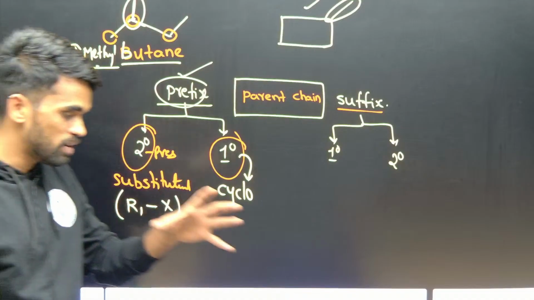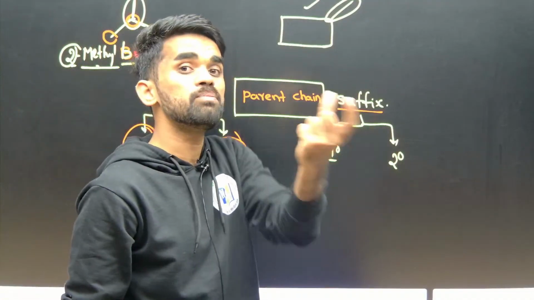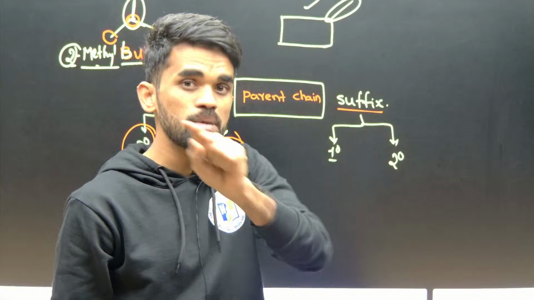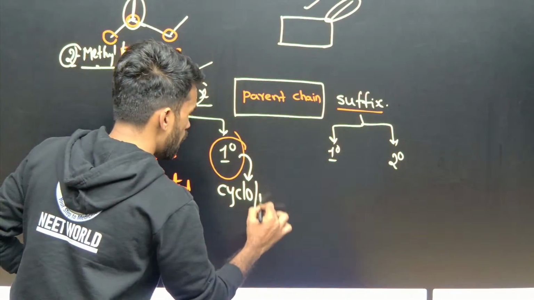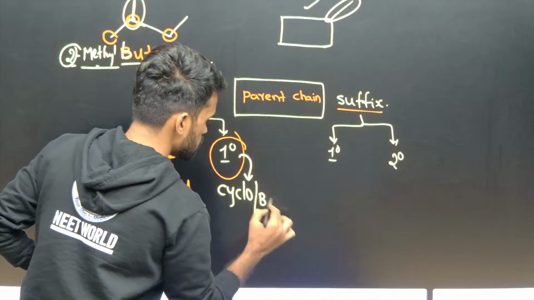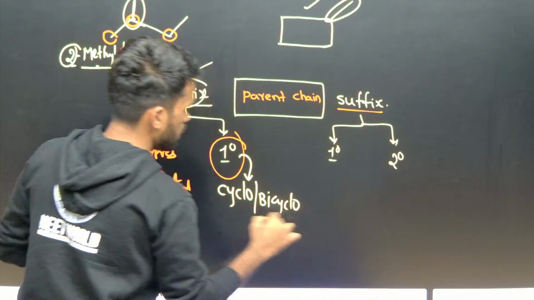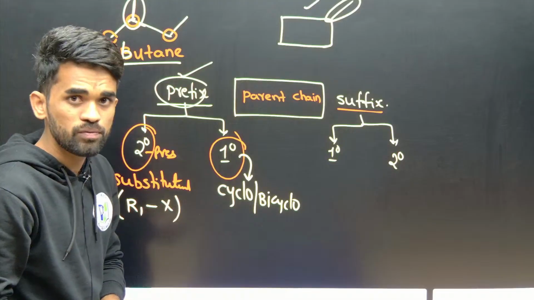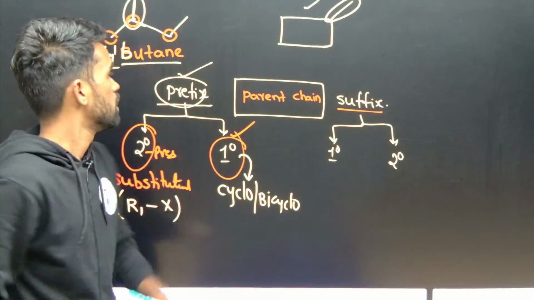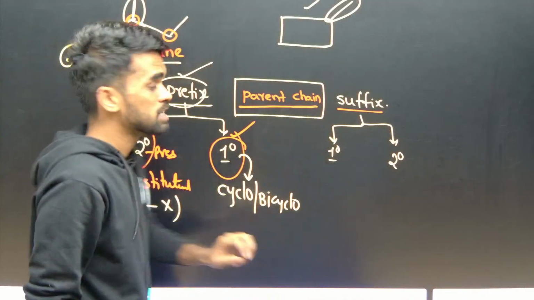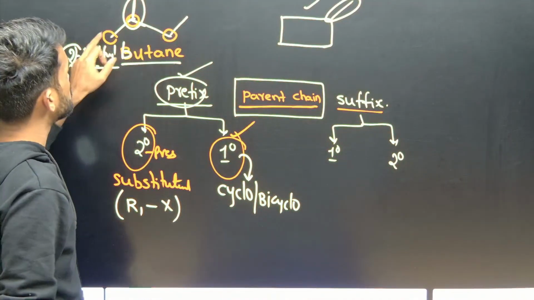Now if they give a compound, identify the primary prefix from the given name of this compound. If there is anything like cyclo or bicyclo or spiro, if you see these kinds of words, that is our primary prefix. I hope you got it. Now what do we mean by parent chain? The number of carbon atoms in the longest chain.